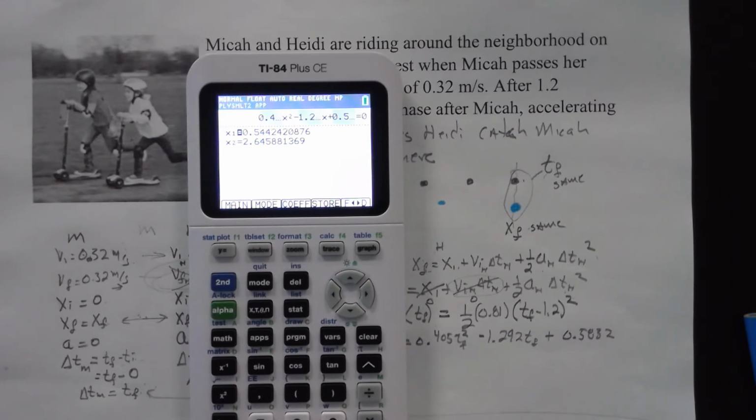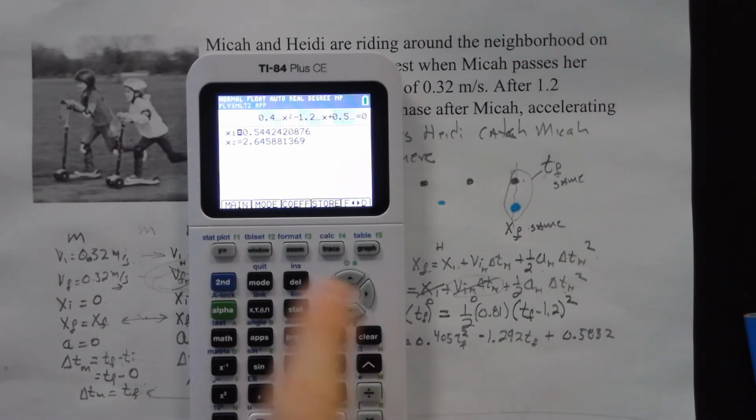Now one of those times doesn't make sense. The one time says 0.5 seconds. Heidi hasn't even moved until 1.2. Remember, this t final is the time since Micah passed Heidi. Our 0 time was when Micah was at Heidi.